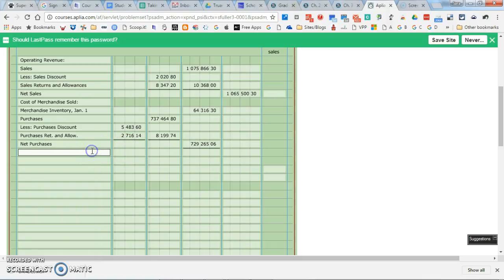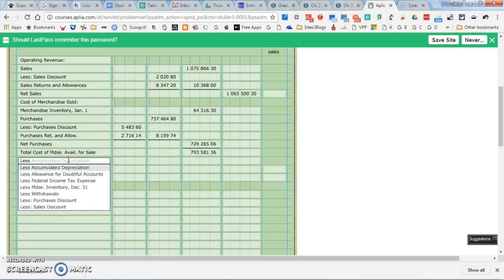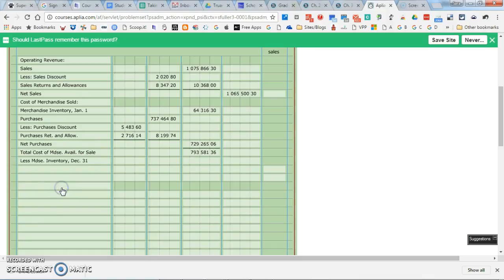Then our next line is total cost of merchandise available for sale. So then we're going to take this plus this, so third column, $793,581.36. Next line is going to be less merchandise inventory December 31st.